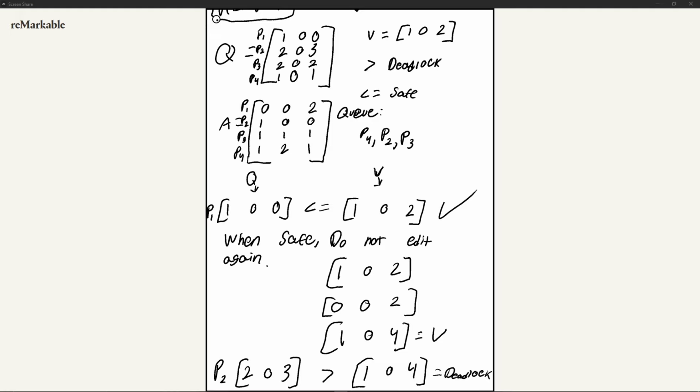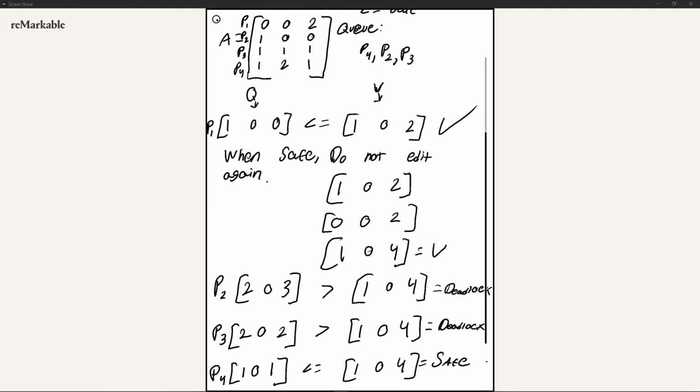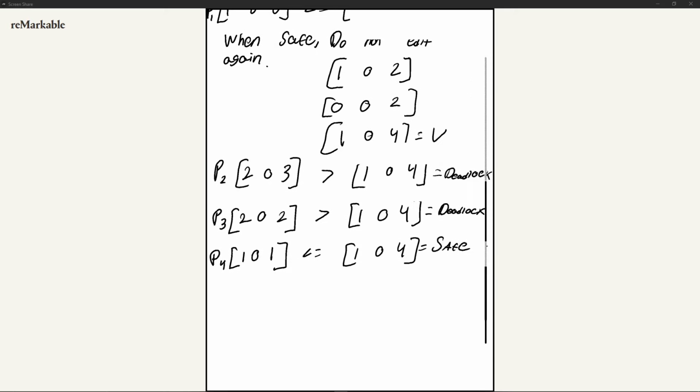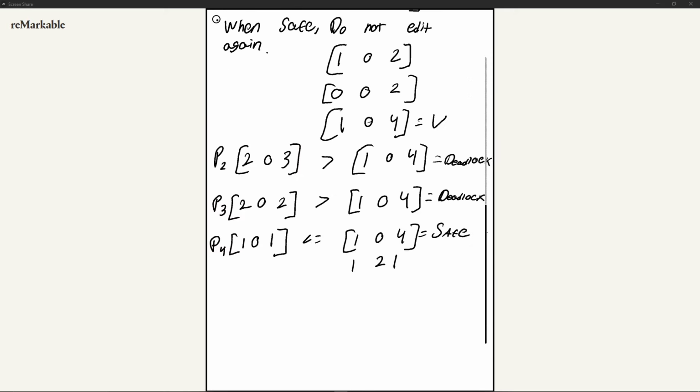That's fine. So now P4 is safe, and we take our allocation. This is how many resources it's actually going to be using, 1, 2, and 1, and we add that to our V. So now 1, 2, and 1 is going to be added because this is P4, this is A sub P4.